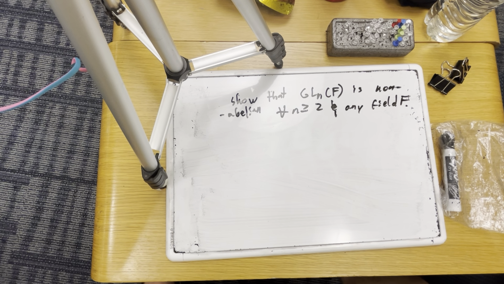We do this first for 2 by 2 matrices, then embed those matrices as block diagonals inside an n by n matrix to pass to all n greater than or equal to 2.